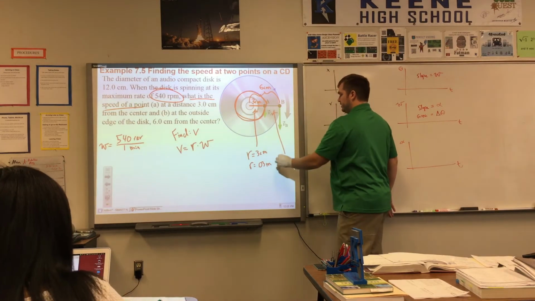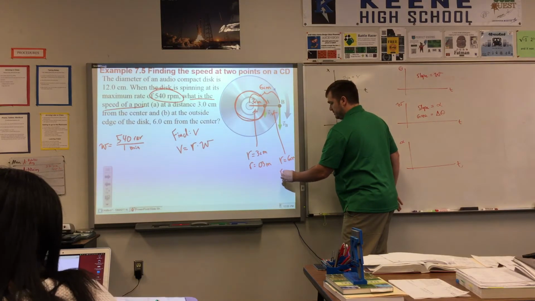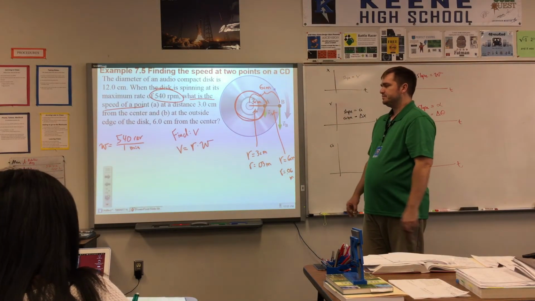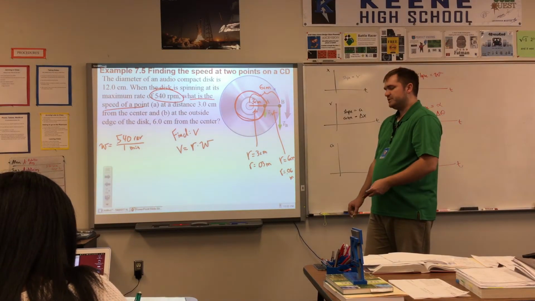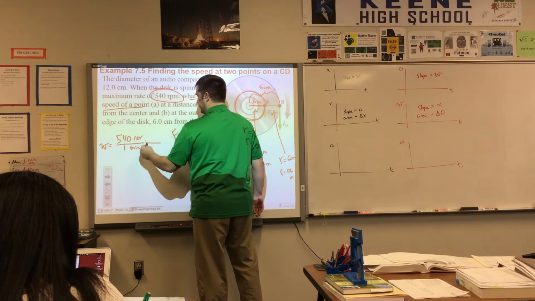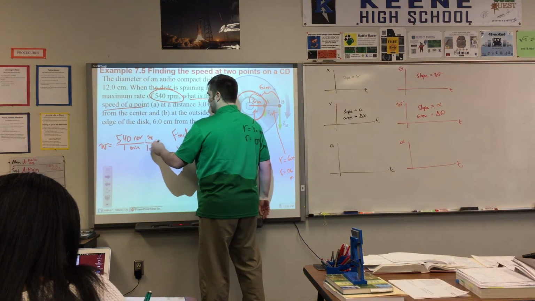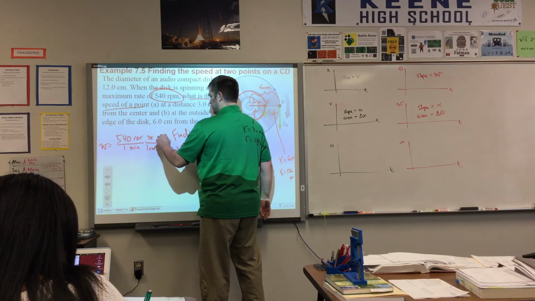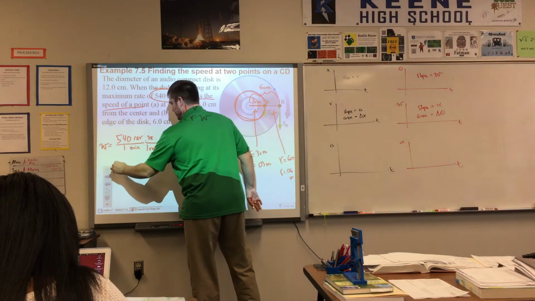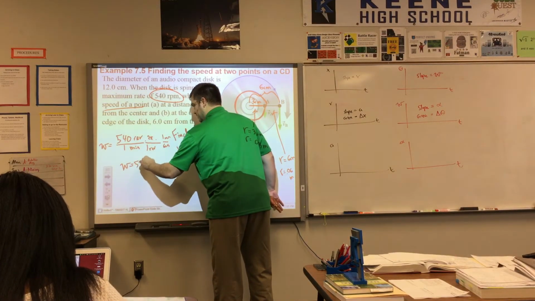For point B, the radius is 6 centimeters, which is 0.06 meters. Let's see, I need someone fast with the calculator. So, 1 revolution, 2 pi, 1 minute, 60 seconds. So 540 times 2 pi divided by 60. 57 radians per second.